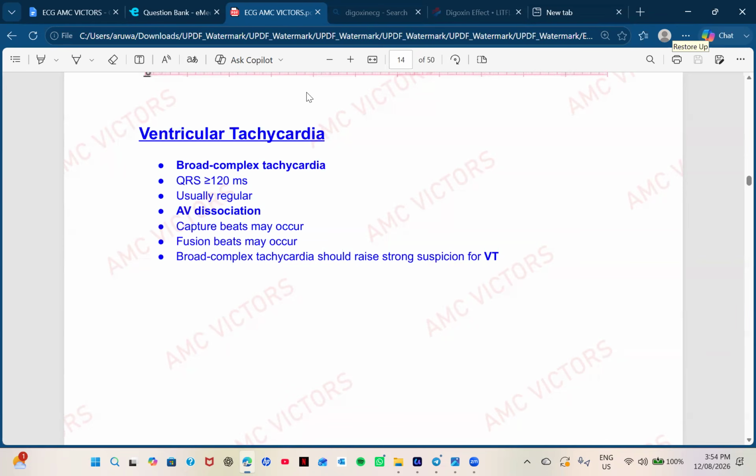Now tell me, what are the two types of ventricular tachycardia?